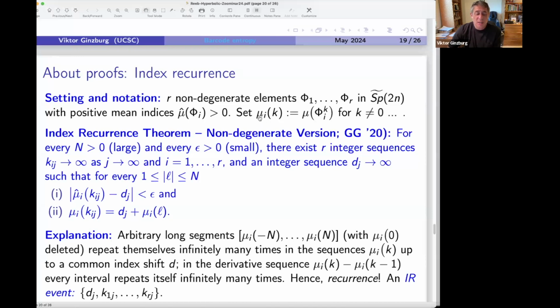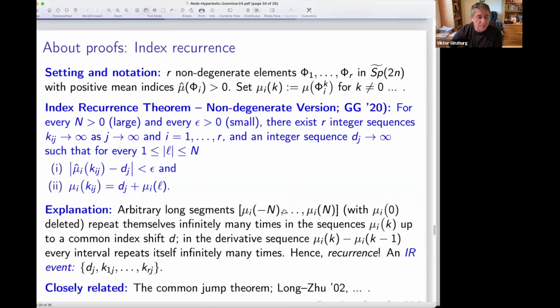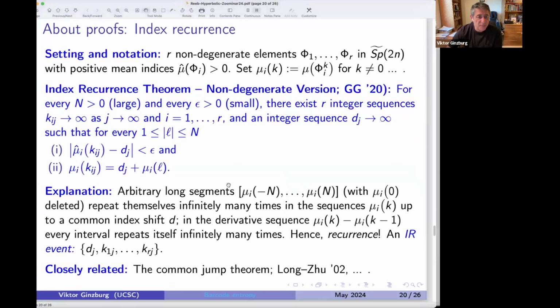So let's see how the Conley-Zehnder indices change on the iterations. Here is the notation. Then it turns out that there is a certain regularity to the behavior.